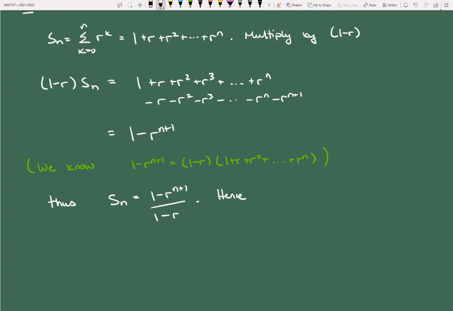Hence, the sum from k equals 0 to infinity of r^k is the limit as n goes to infinity of the partial sums. This limit is going to exist precisely when r to the n plus 1 goes to 0.